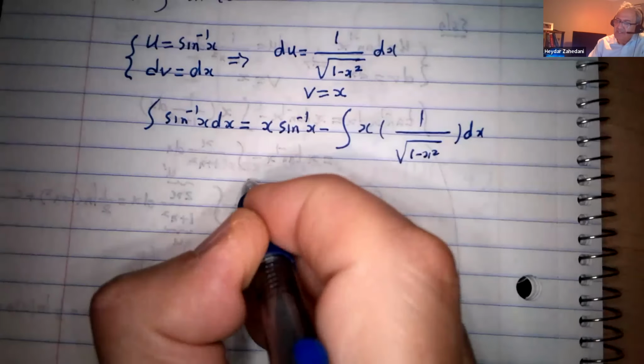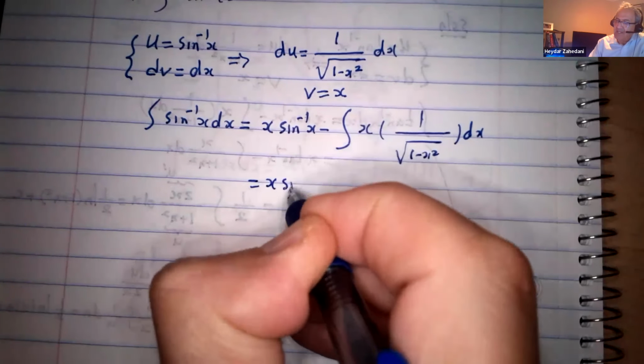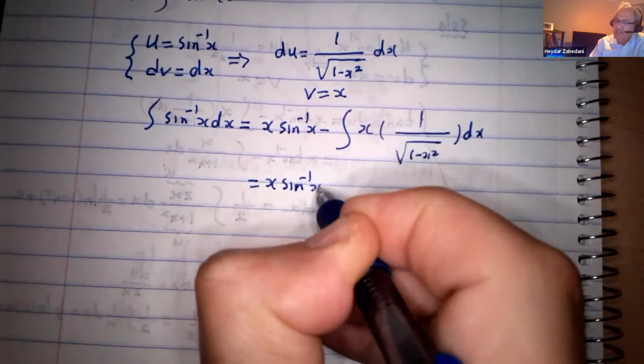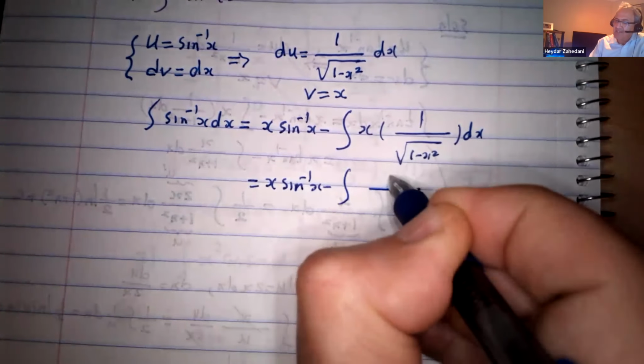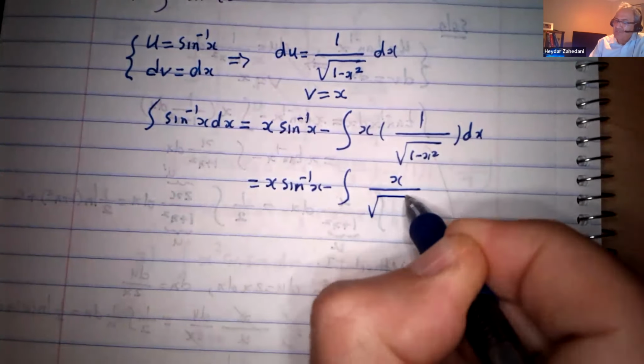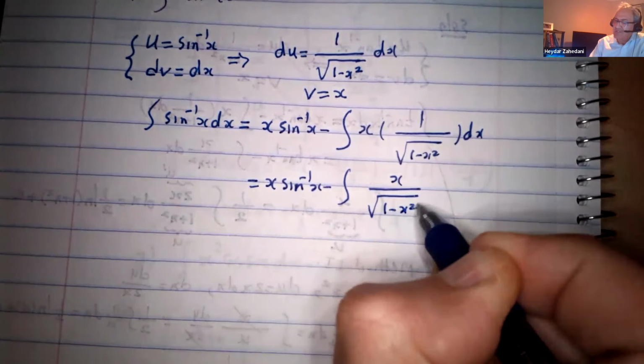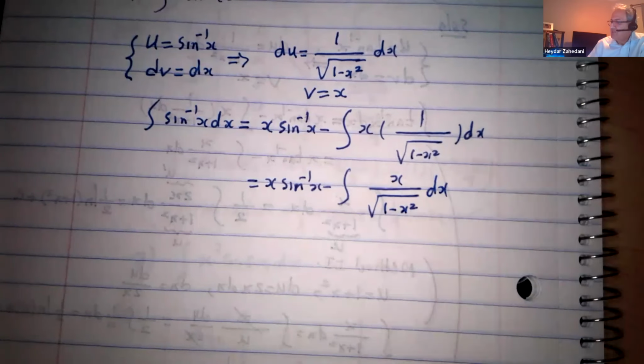So the result is x sine inverse of x minus integral of x over the square root of 1 minus x squared dx. You have to take care of this integral.